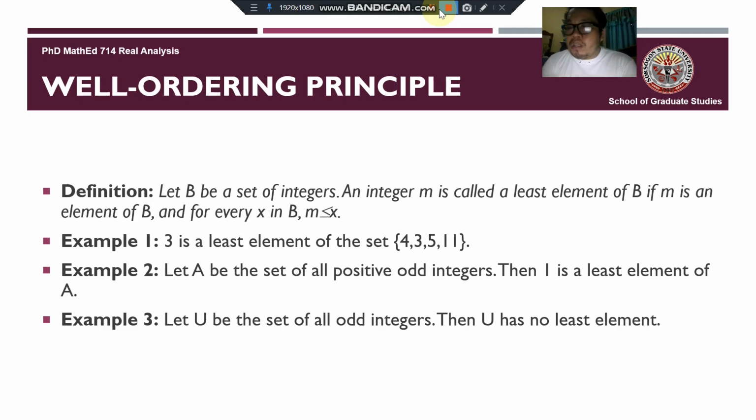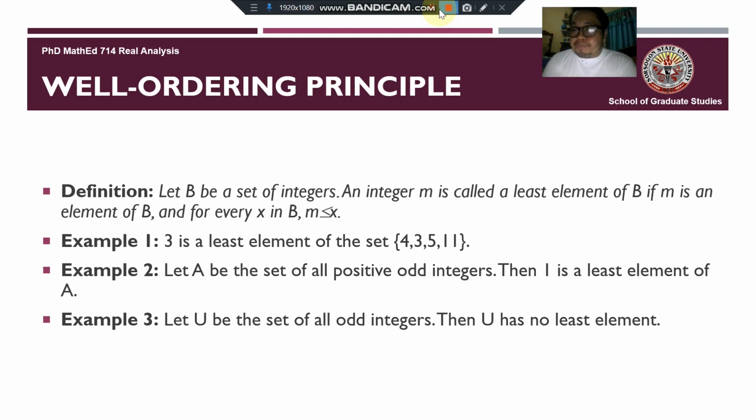Now, for the first example, in line with the given definition, you have 3 as the least element of the set 4, 3, 5, and 11. If we observe the given elements in this set, which contains 4 elements, 3 is considered the least element.